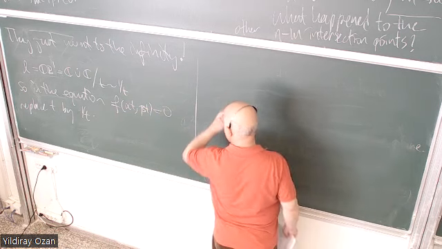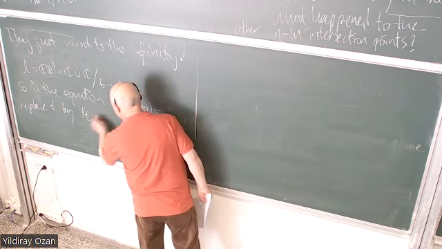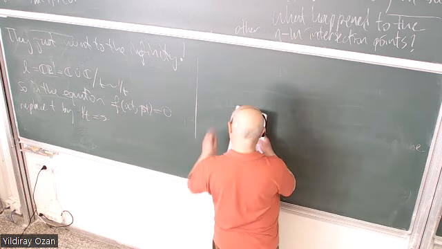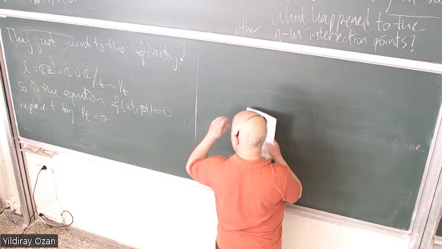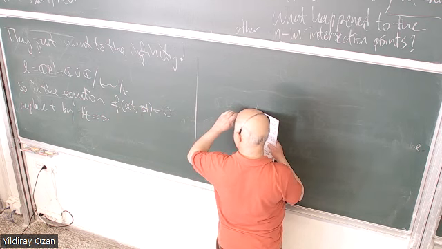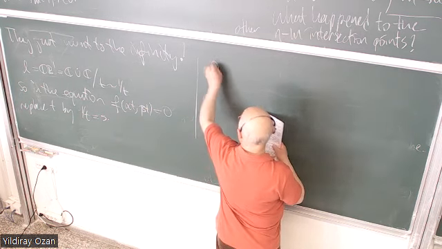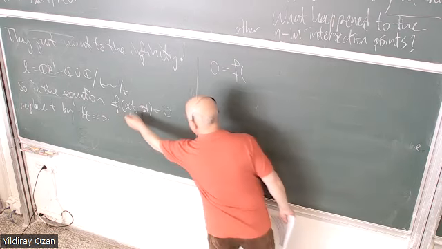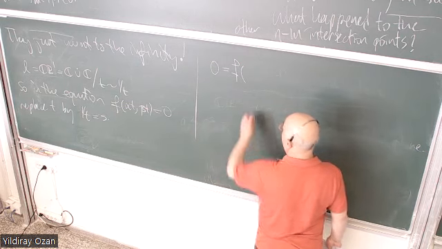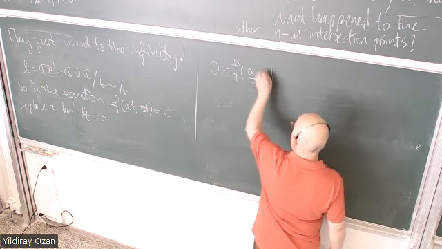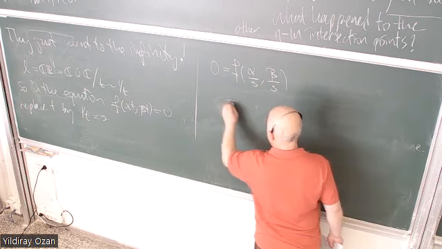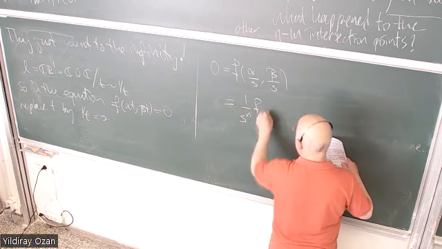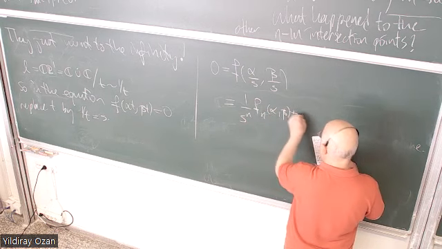Şimdi 1 bölü T'ye de aslında S diyelim. Hani kafa karıştırmasın. Yani F alfa T ne olacak? Alfa over S, beta over S. Bu da nedir? 1 over S to the power n, F_n alfa beta.